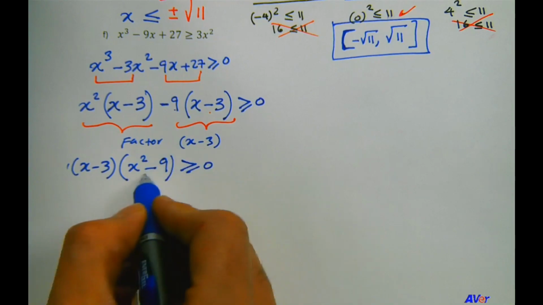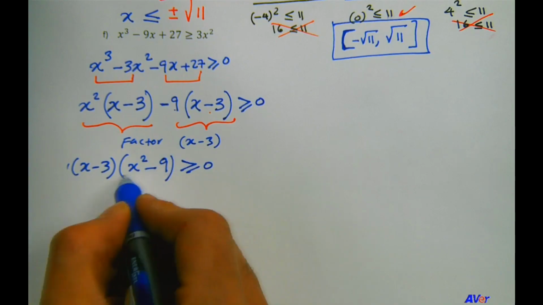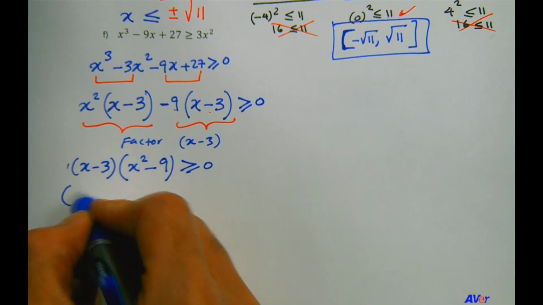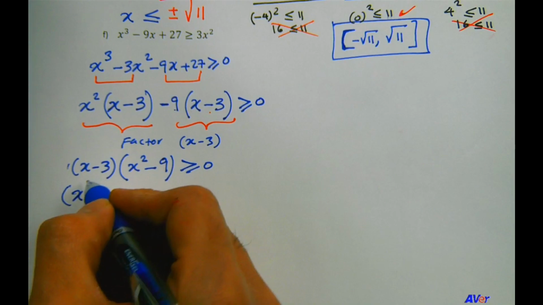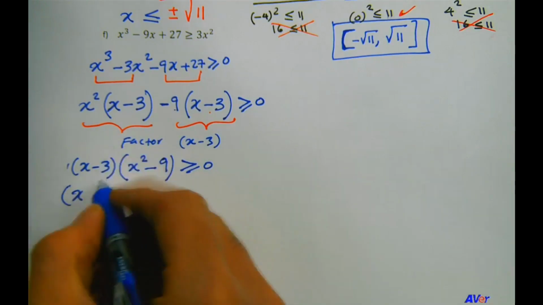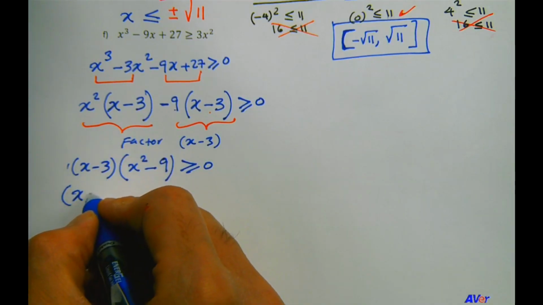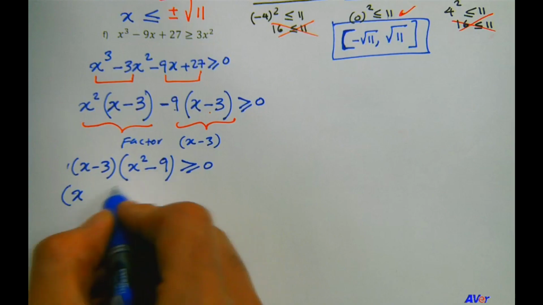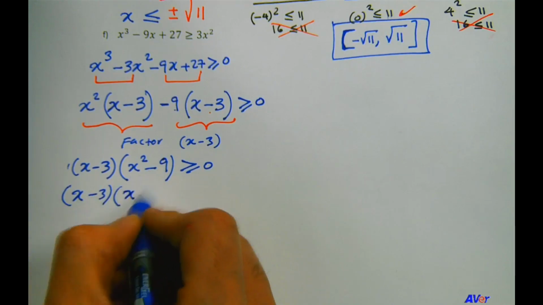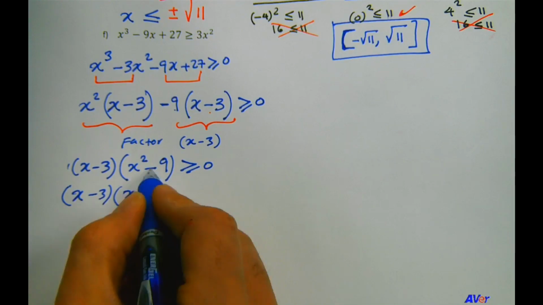So let's use that formula to expand and factor this even more. That's to our advantage, because we're going to be able to find the critical values easier. We could still find it from this, but let's find all the factors for all the terms. So x minus 3 times x plus 3, right?